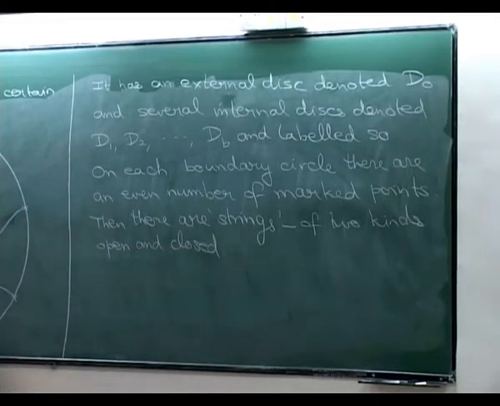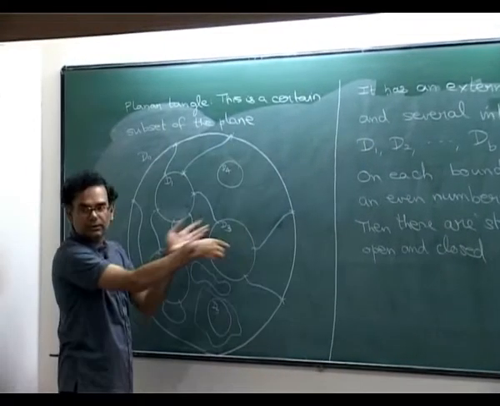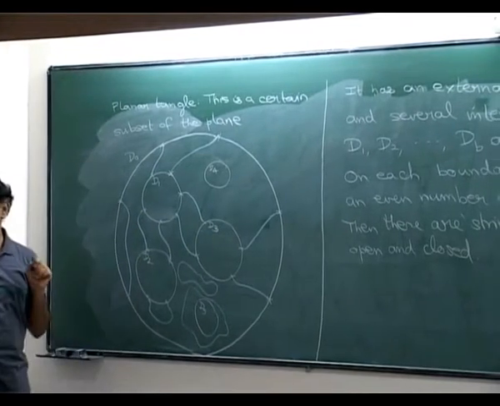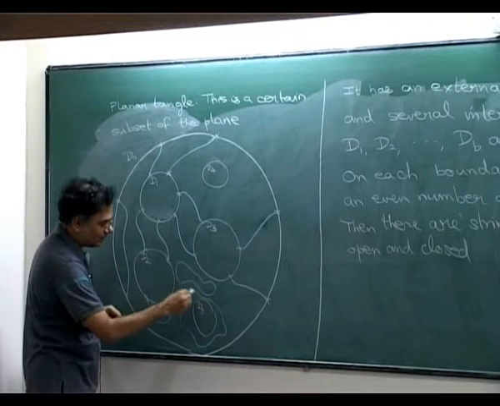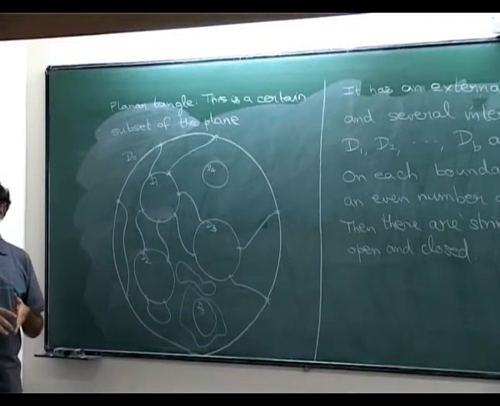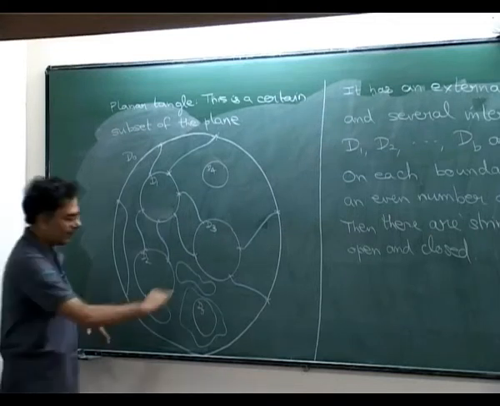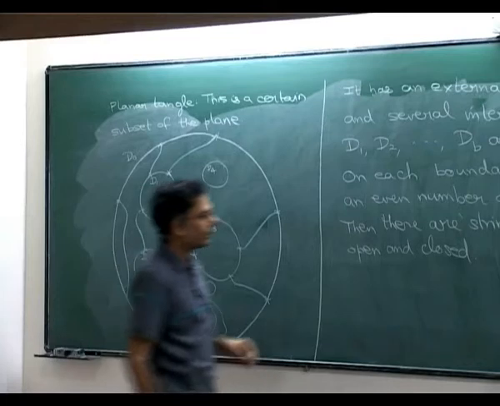As you can see, these strings which join two marked points on these disks are what I'll call open strings. They have two endpoints. And then these strings are what I'll call closed strings. They are just strings floating around. They have no endpoints. So there are two kinds of strings, open and closed.